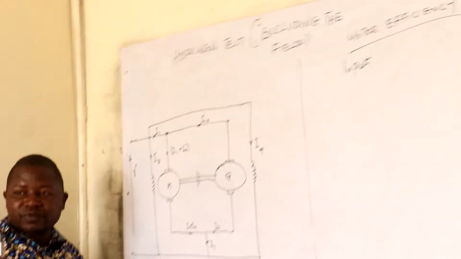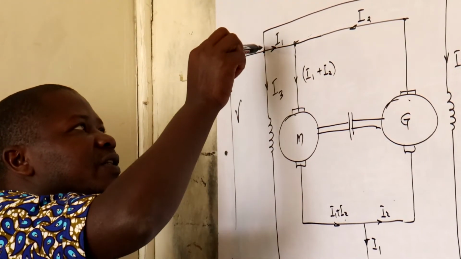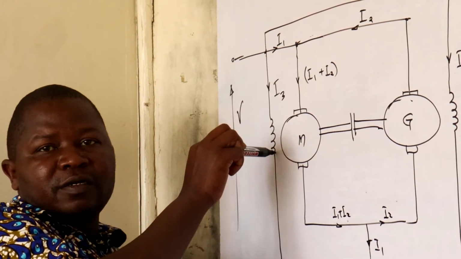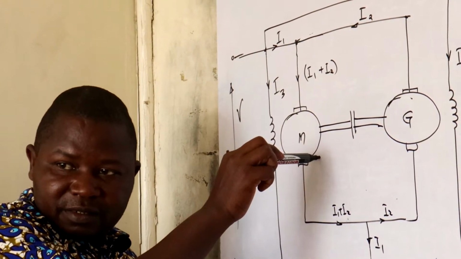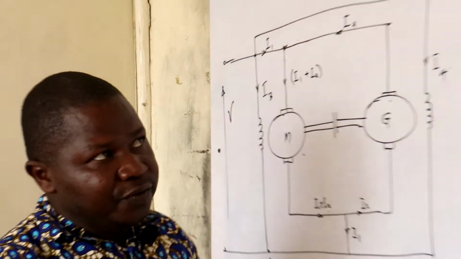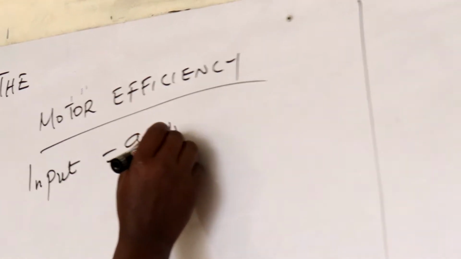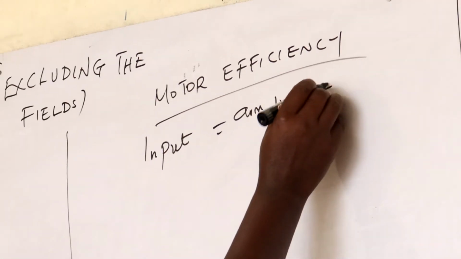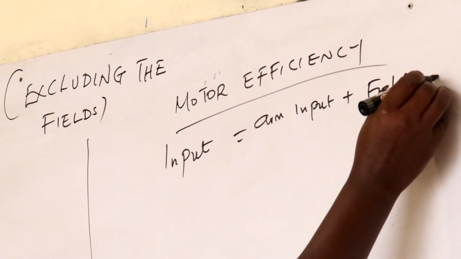That's another point that you need to note: the motor input is the power that gets to the field plus the power that gets to the armature, so armature input plus field input.